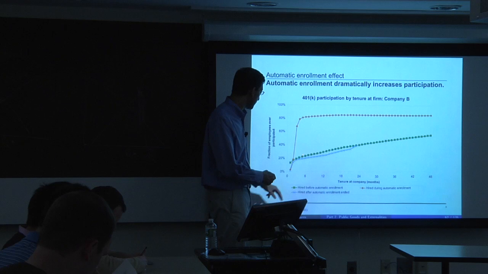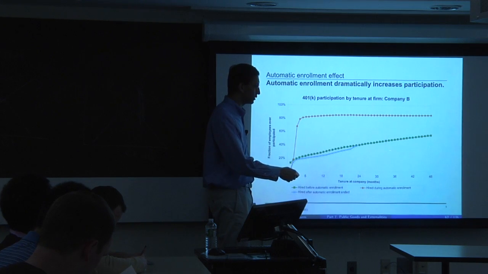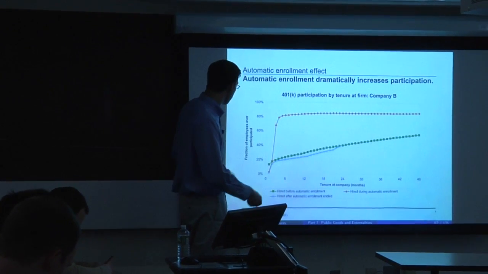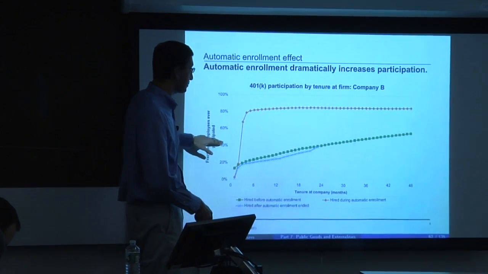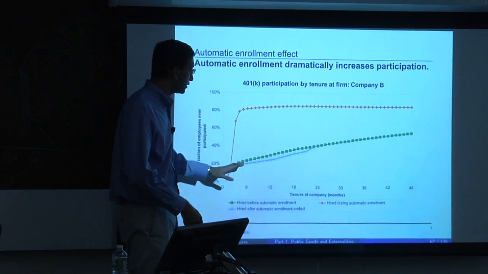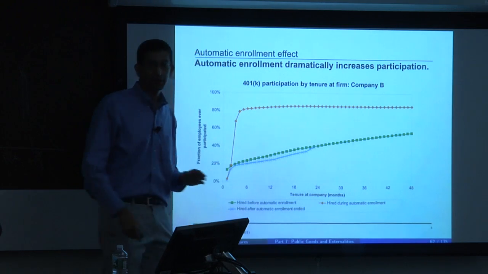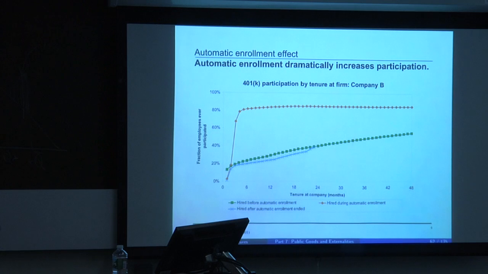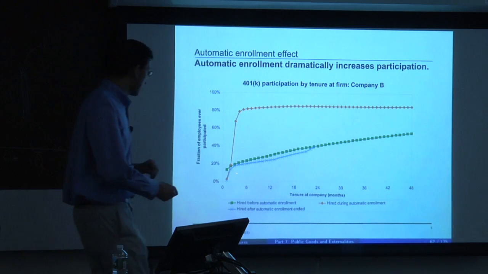These guys in green are hired before the automatic enrollment was in place. And what's shown on the x-axis is how long you've been at the company and the fraction of people contributing to the 401k plan. So this is going up over time because people figure it out, and as people get older, they start to think about retirement. They start putting money in the 401k. So that's just a secular trend.